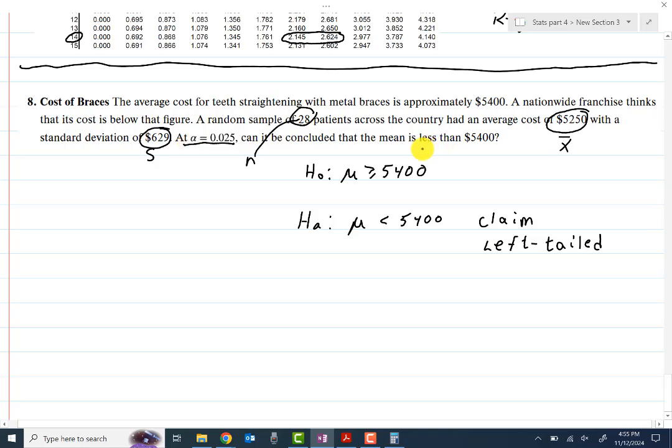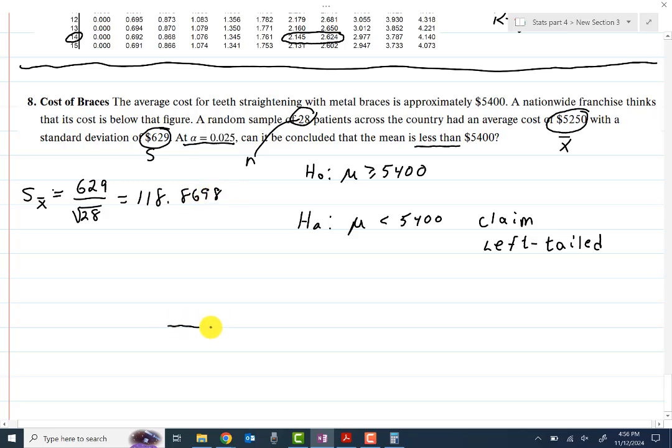And finally, I see the less than here. Let me get this number before I do anything else, since I'm thinking about it. We're going to have, where did S go? 629 divided by the square root of 28. 118.8698.